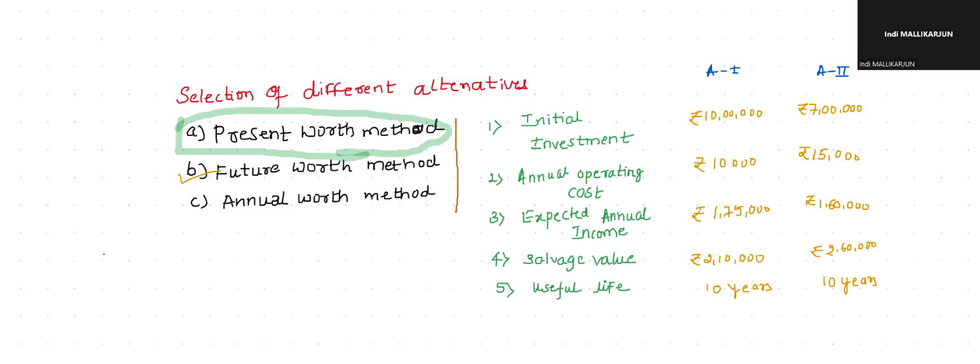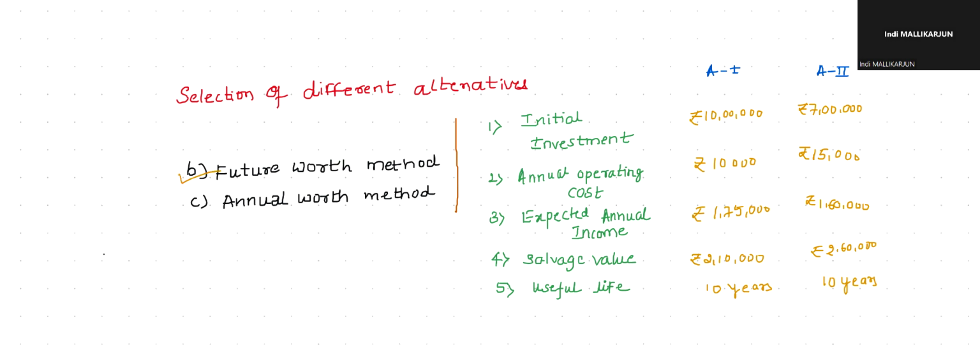So before going to this, we'll erase this. Today we are dealing with the future worth method. Before going to this method, we have to draw the cash flow diagram for both alternatives.